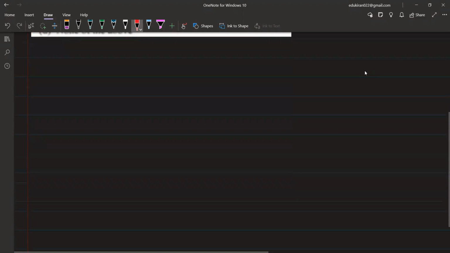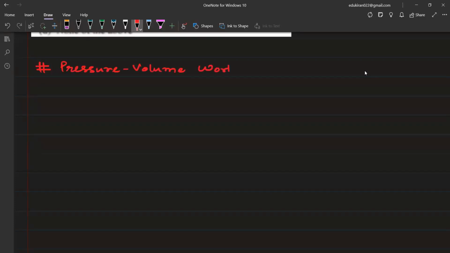Pressure volume work. Okay, this is an important concept. How you can get the value of work using pressure and volumes. Let us suppose again, we are going to take that example of a piston.